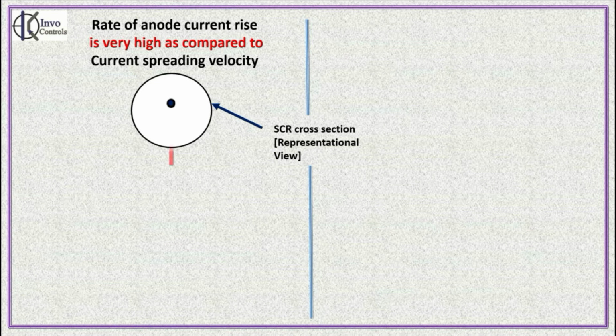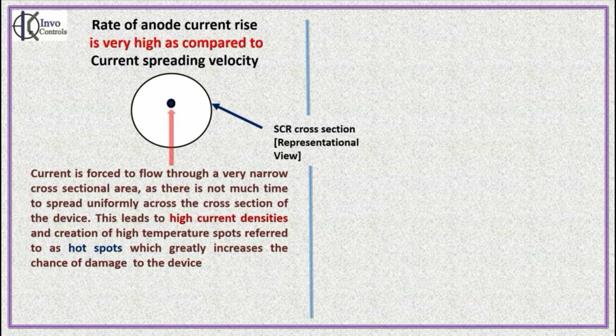This will result in localized areas of high current density in the junction regions, leading to creation of high temperature spots which may cause the device to fail.